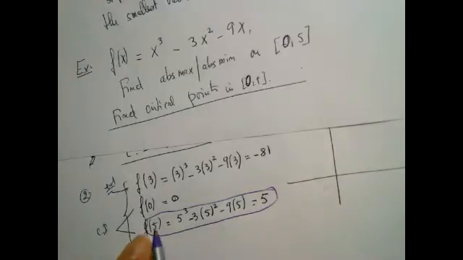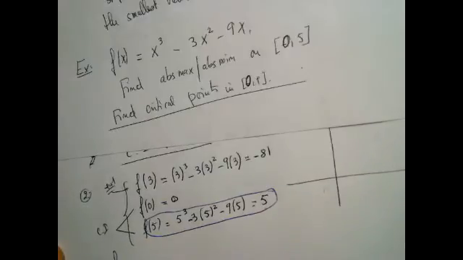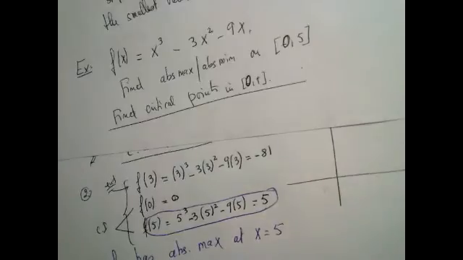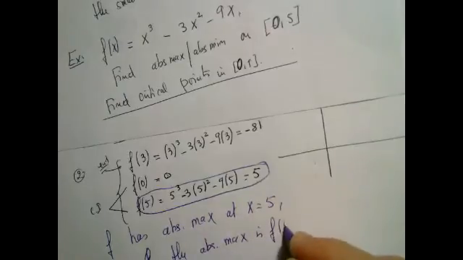Yes, the function has its absolute max at x equal to 5, and its absolute maximum is f of 5, which happens to be 5. So the largest value is what it takes at 5, which happened to be 5 at the same time.